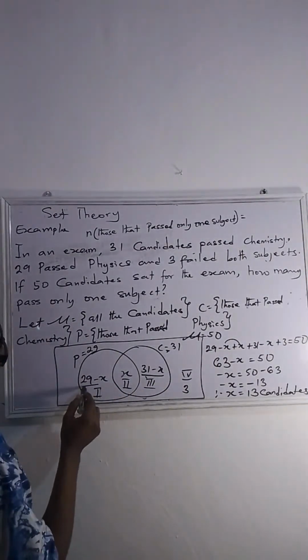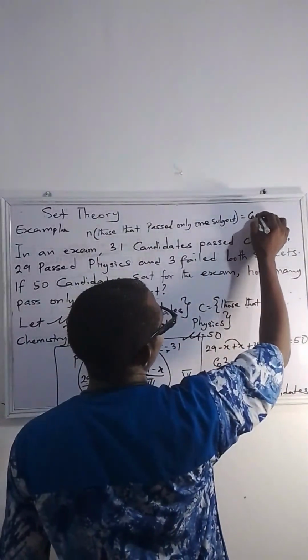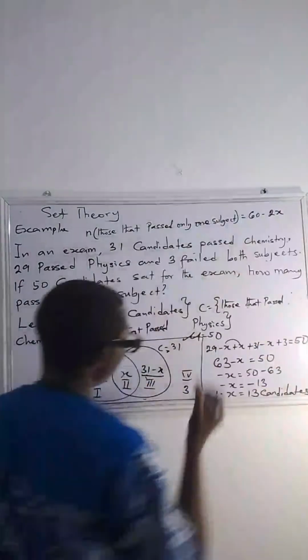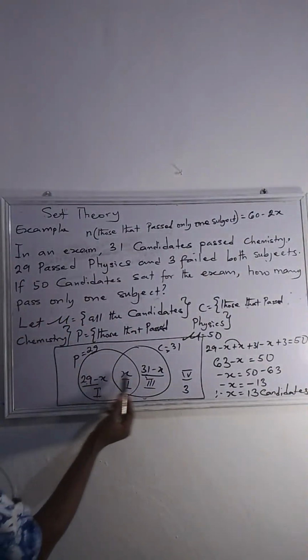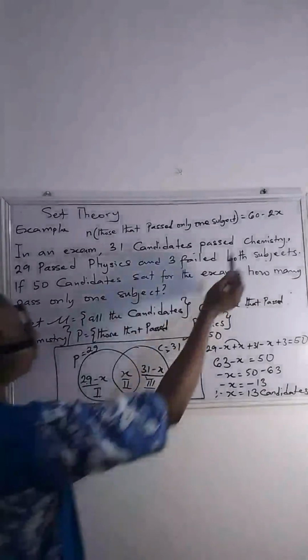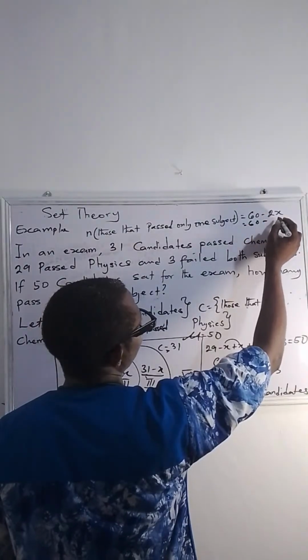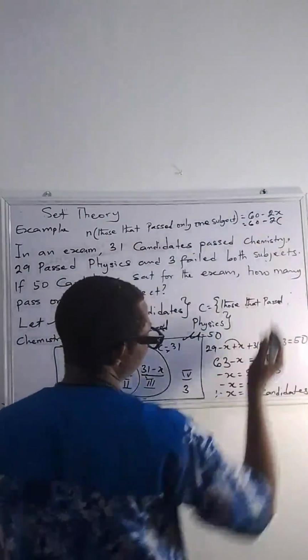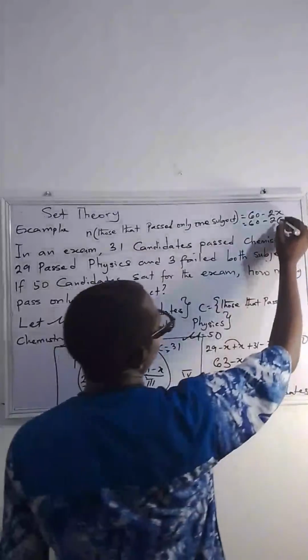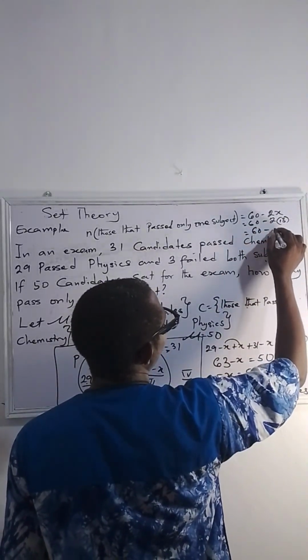When you add this and this together, you have 60. Minus x plus minus x gives you minus 2x. So we have 60 minus 2 times x. X is 13. So that means we have 60 minus 26.